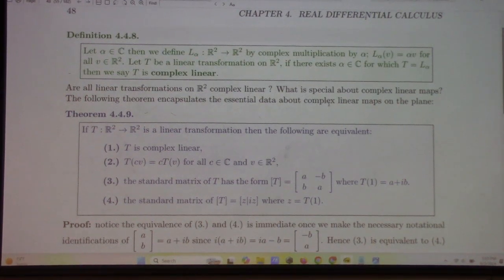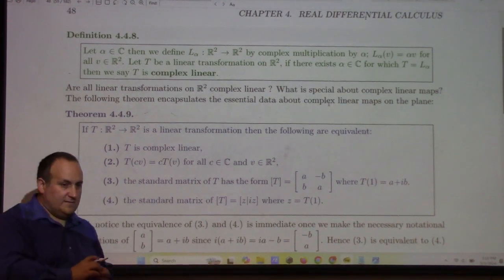To say that T is a linear transformation simply means that T of x plus y is equal to T of x plus T of y, and that T of a constant times x is equal to a constant times T of x, for all x and y in R2 and c in the reals. This defines a mapping being a linear transformation on the plane.